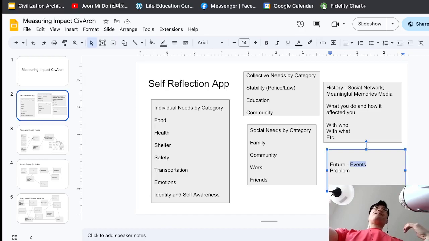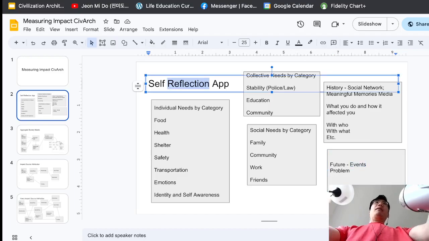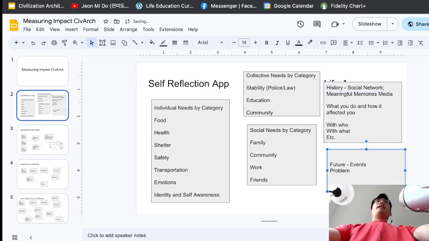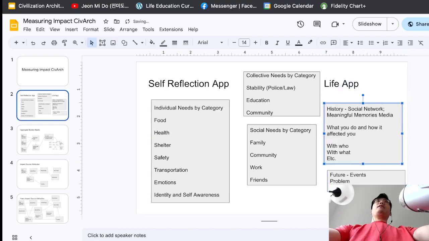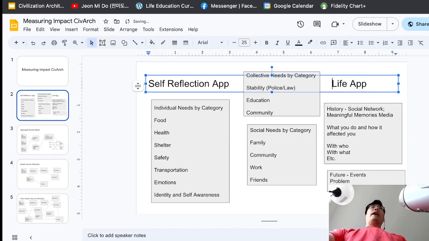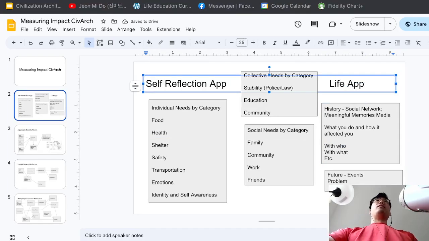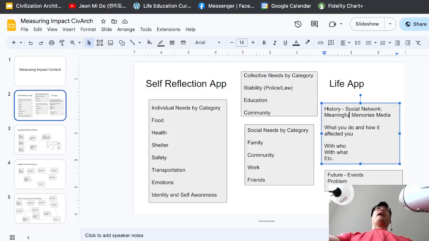So that will be a second app. So we have the self reflection app, and we will also have the life app. And this life app will be where people can live their lives and record what they do with their time. So, for example, if I have a dinner with a friend, I can write down, who did I eat with?